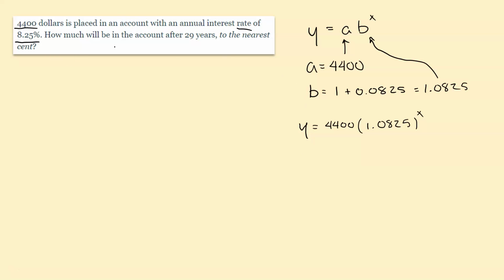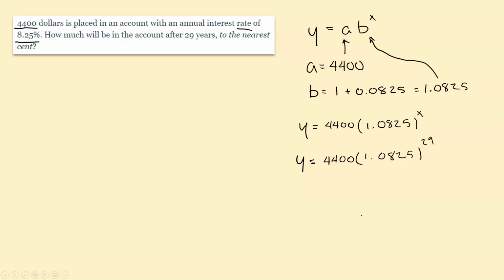How much will be in the account after 29 years to the nearest cent? Once again, the time is going to be our x variable, so we plug that in for x. That is 29.